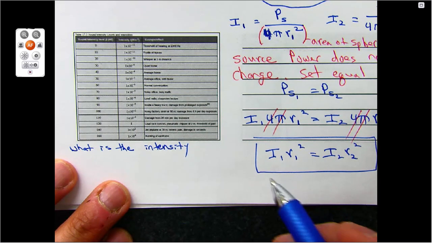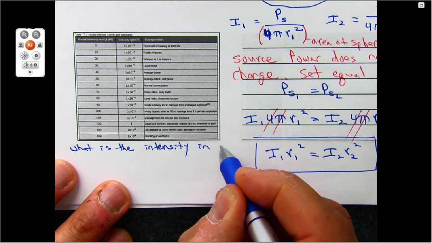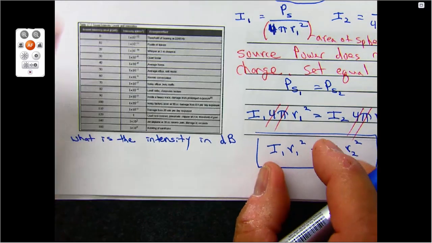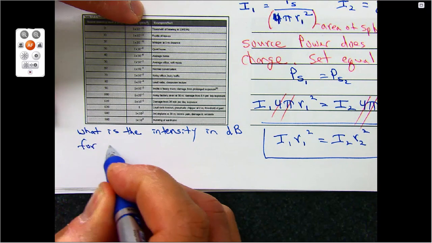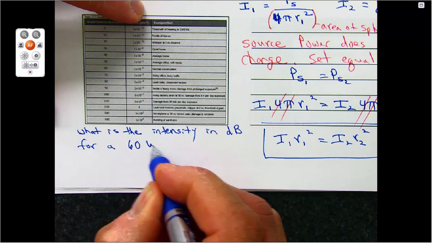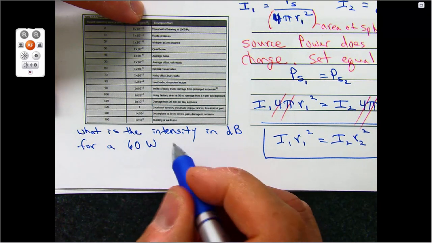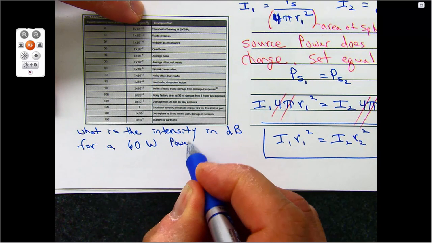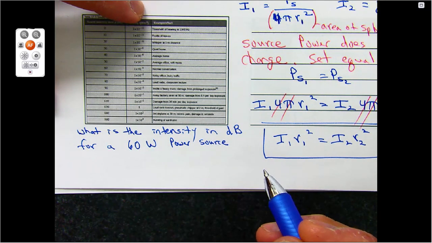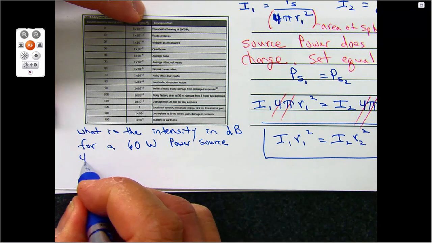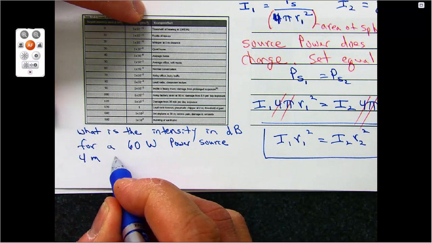What is the intensity in decibels for a 60-watt power source 4 meters away?